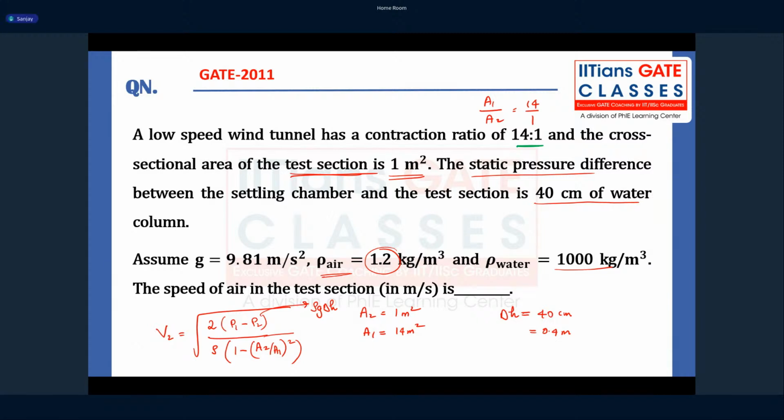So guys, whenever you get a question, the first step is always to write down the data given to you in the question. Then you can draw the schematic of a wind tunnel quickly to note down the stations, and then you start applying the equations. And you are not expected to remember this formula.